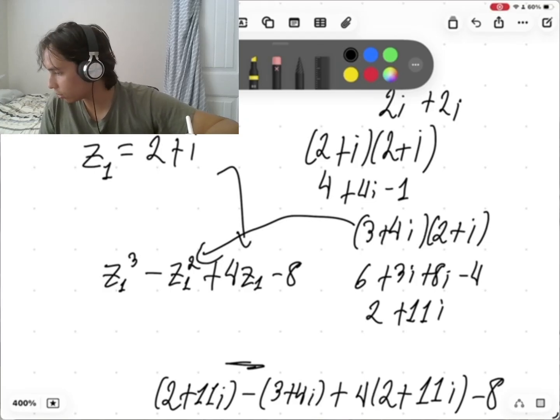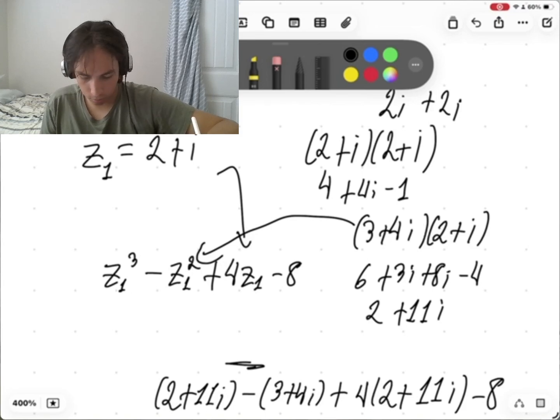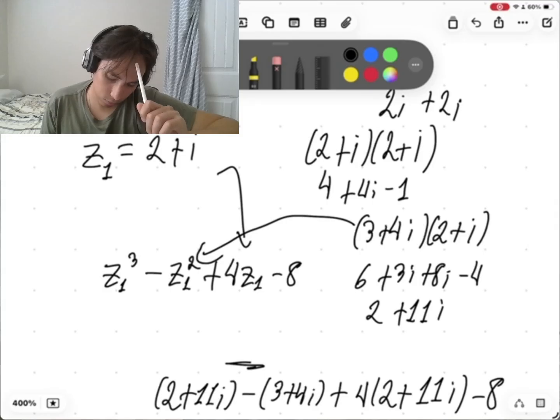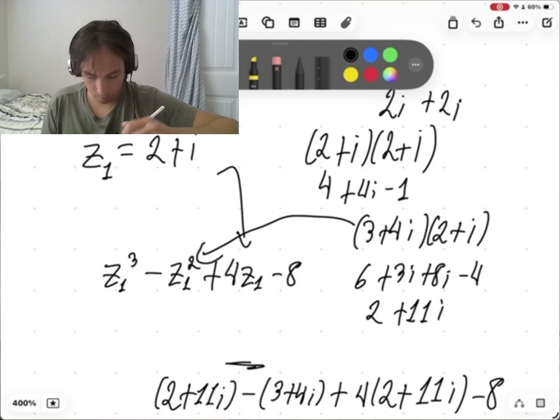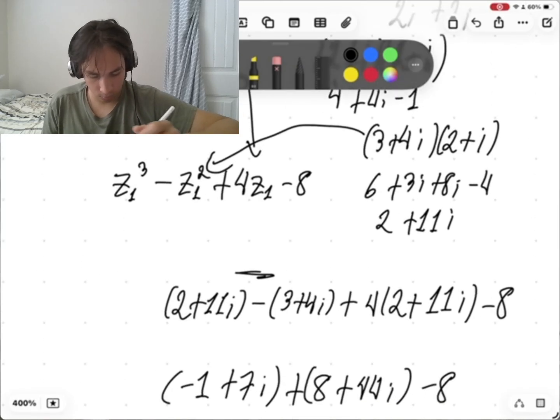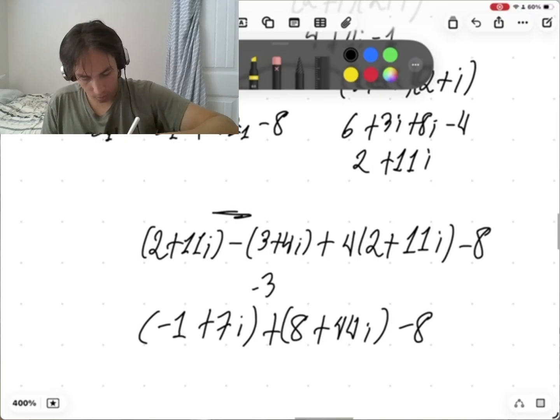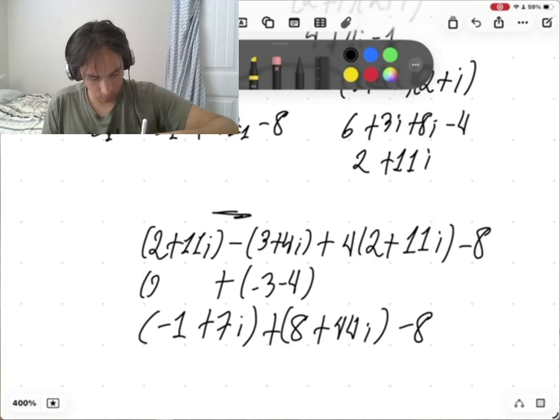Or did I read it wrong? No, I read it right. So what's happening? Negative 3 minus 4. 2 plus 11.